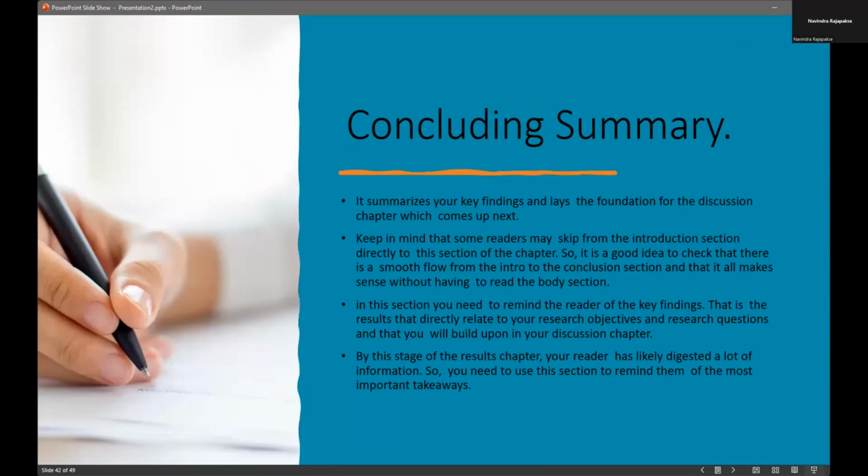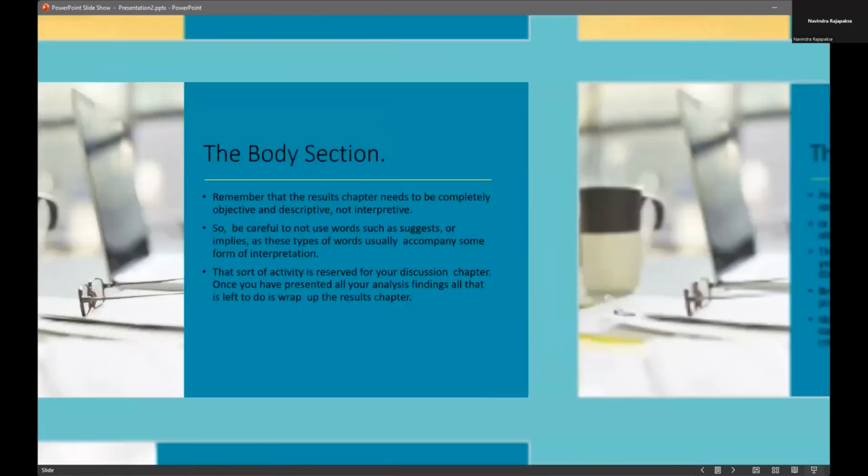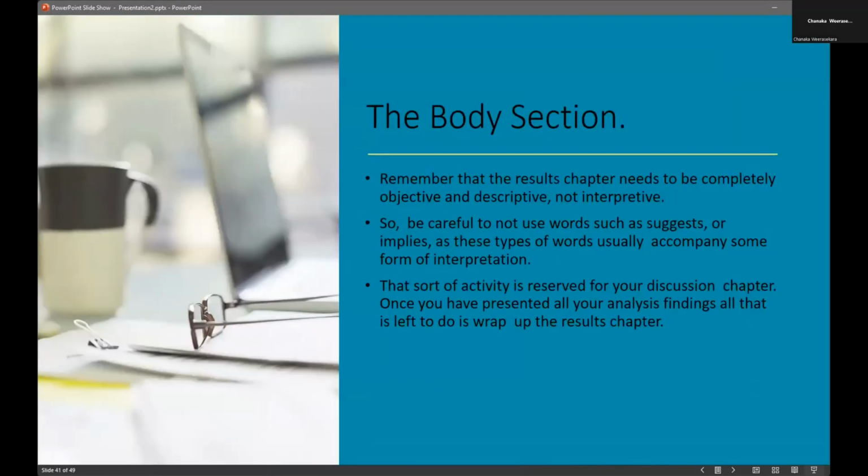Excuse me. Yes. What are the words that I can use? Words that give us a sense of interpretation, like "it suggests that", "implies that", "that means", a sort of conclusive words like this. Don't use them in the body section, especially in the results. It's just a description of the results, not the interpretation of the results.